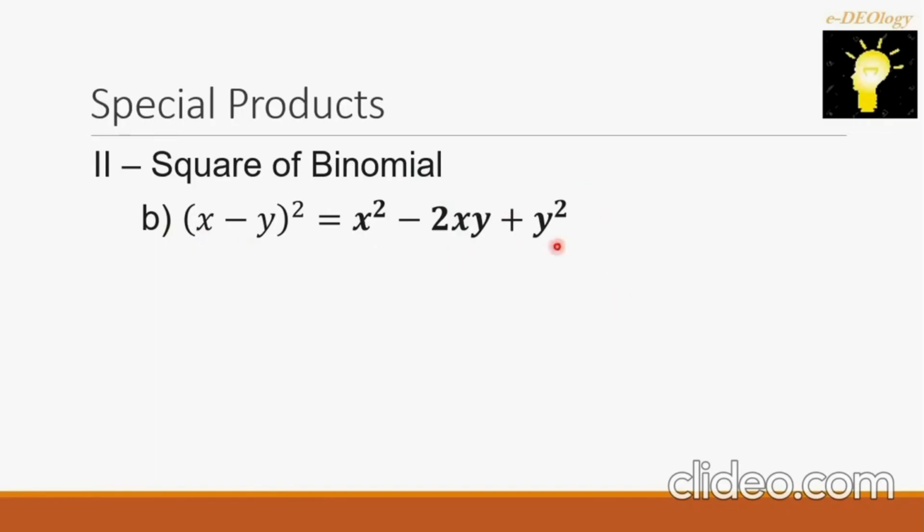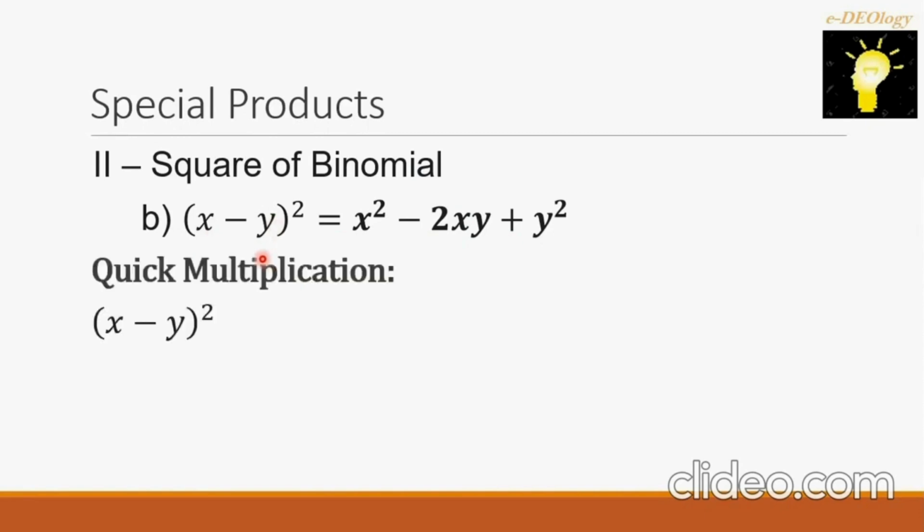And the y squared actually comes when we square a negative y. Of course, we know that negative times negative will be positive. That's why here it is positive y squared. So these are the 3 terms when we square a binomial like this, the difference of 2 terms.